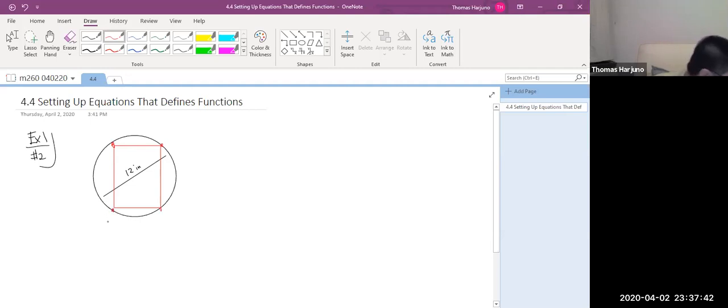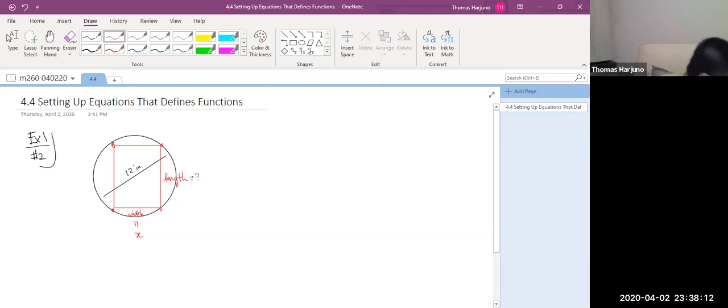Now, the question is, express the perimeter of the rectangle as a function of its width x. Suppose this is the length and this is the width. According to question number 2, they call the width x. Now, the question is, what is the length?